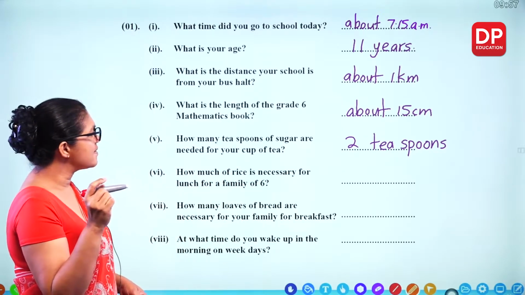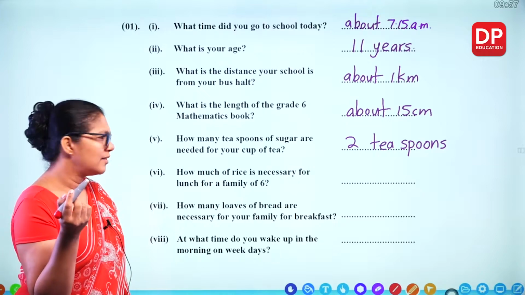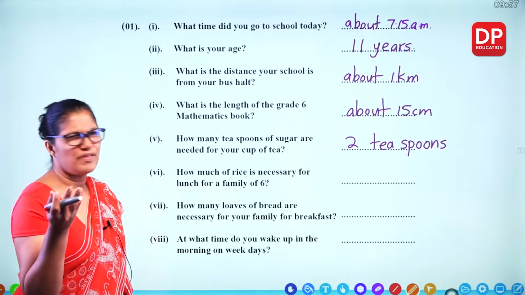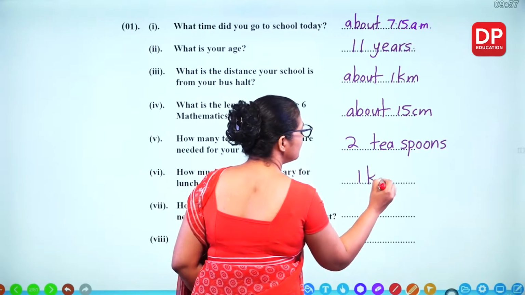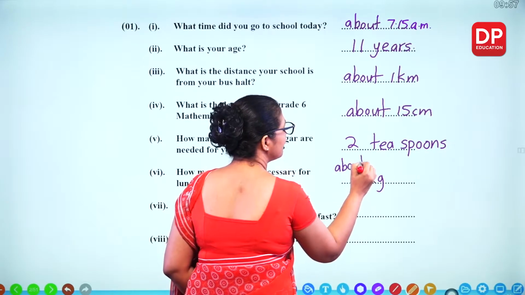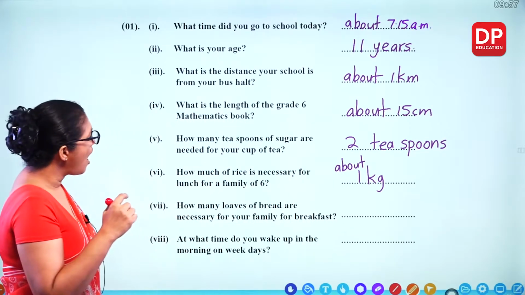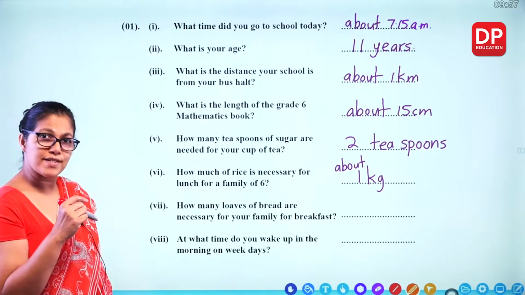How much rice is necessary for lunch for a family of 6? So less than 1 kilo. So we'll say 1 kilo. About. How many loaves of bread are necessary for your family for breakfast?